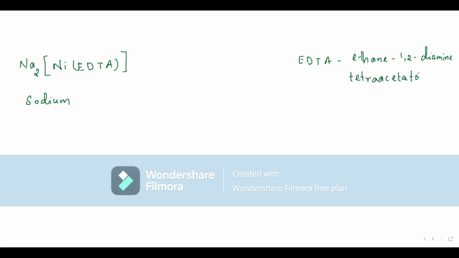This is EDTA. And the structure of EDTA is, look at this, CH2 on either side of this N, and on N, CH2COO minus. CH2COO minus. This is there 4 times. That is why tetraacetate.